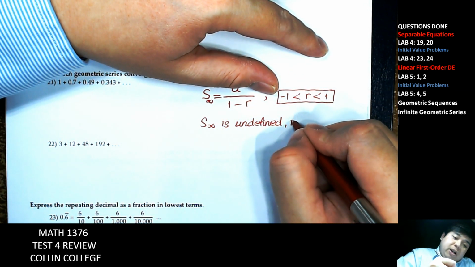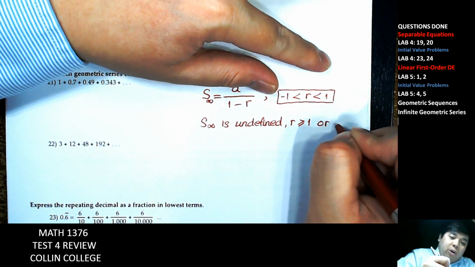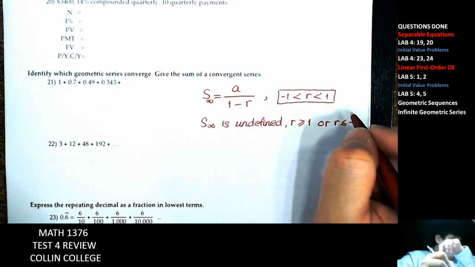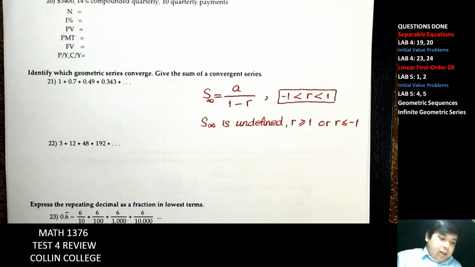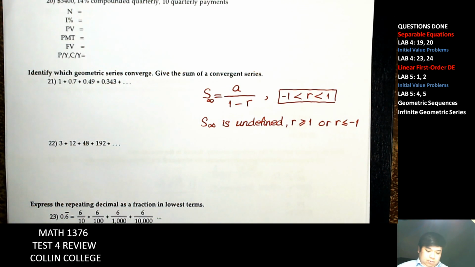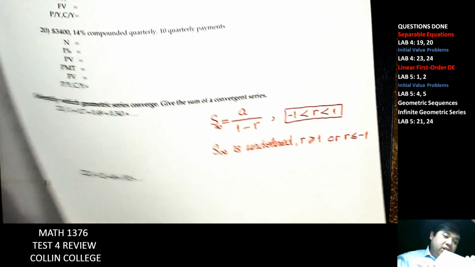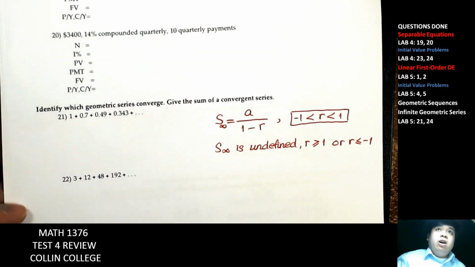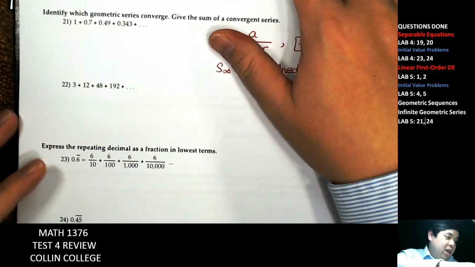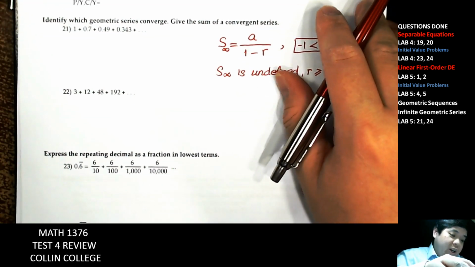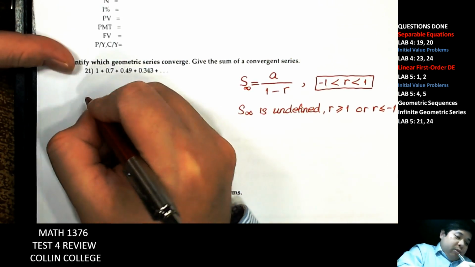That is, if r is bigger than or equal to 1 or less than or equal to -1. Right. So just take a look at 21 and 24. Then we have 25 and 26. We'll take a look at that later. After that, we'll go back and do a few problems of finance application. That will be on the calculator. Right. So very straightforward.